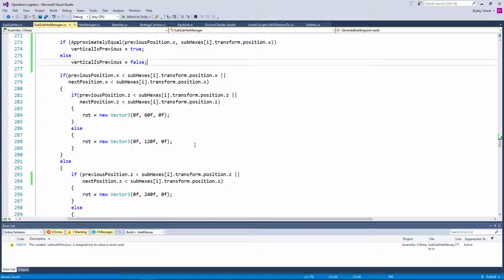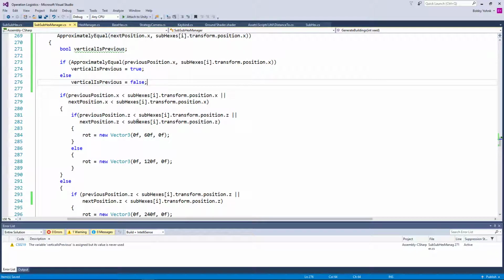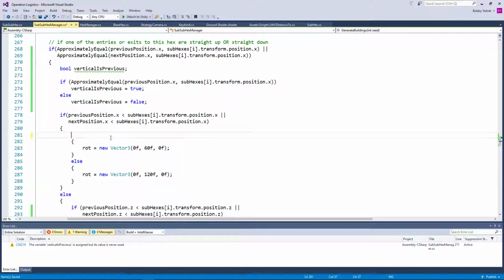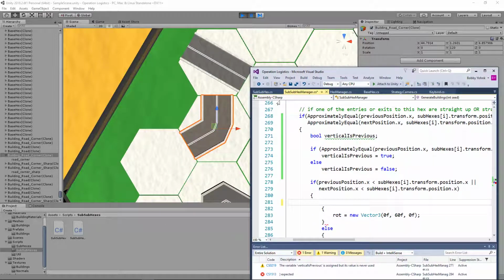So instead of doing it this way, we can say we know that the previous position.x is less than subHexes. We know which one is vertical here. So we can go ahead and get rid of this theoretically. So if the position.x is less than, we know that we are over on this side. So we know it's one of these two.